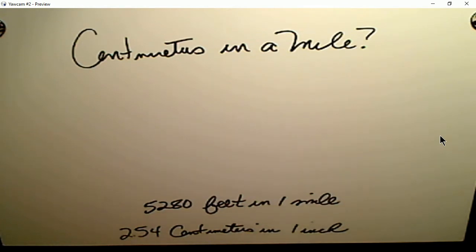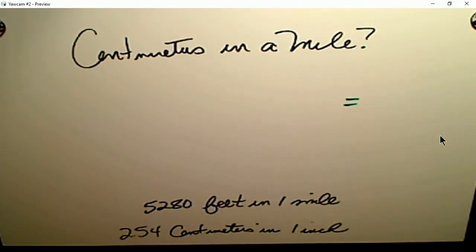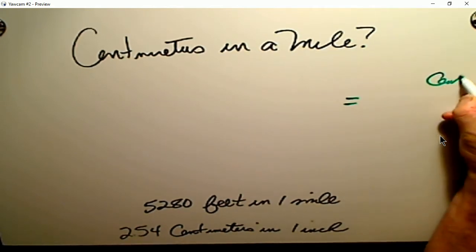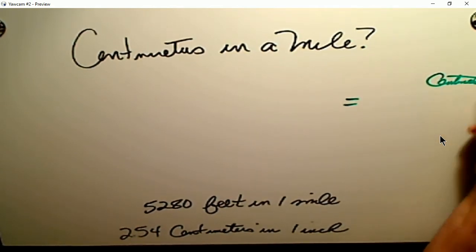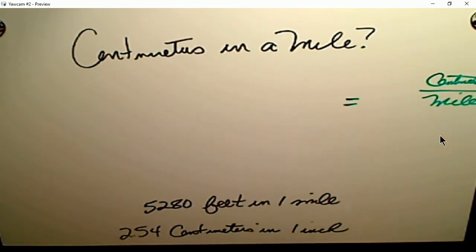So let's begin. And one of the first things you do in dimension analysis, I find this easier to do this, is write down what units we're looking for. We're looking for centimeters per mile. Okay?